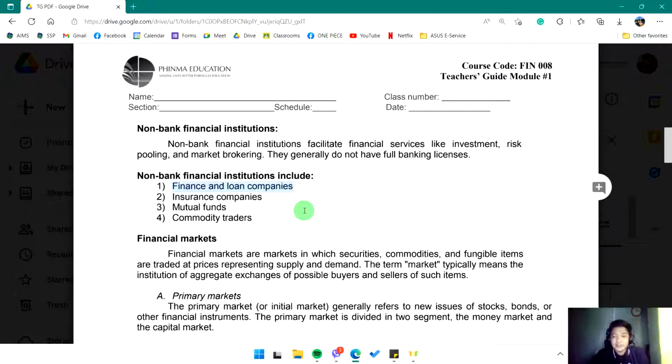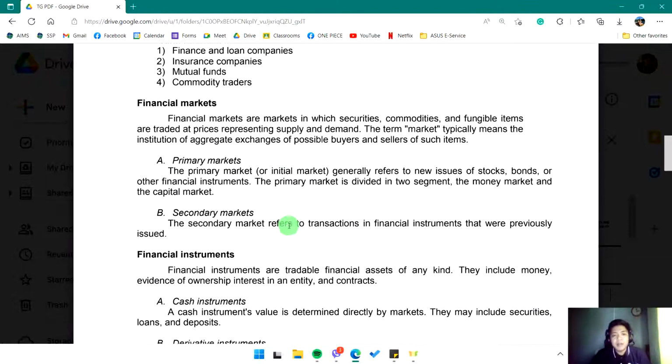GCash can also be a part of this since they are currently offering various financial services like loan, meron na rin sila yung mga credits natin, yung GCredit. Paymaya can also be a part of this, and other forms of hindi naman talaga sila bangko, pero they provide financial services. Next, we will talk about financial markets.